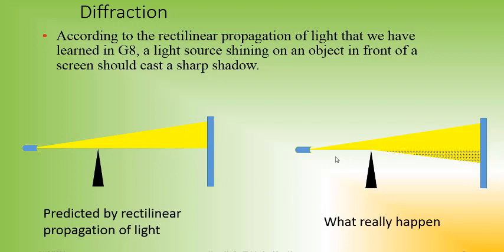But what really happens is that light deviates and shines on a larger area of the screen. Look at this one. The light does not propagate in a rectilinear path, from here to here to here.